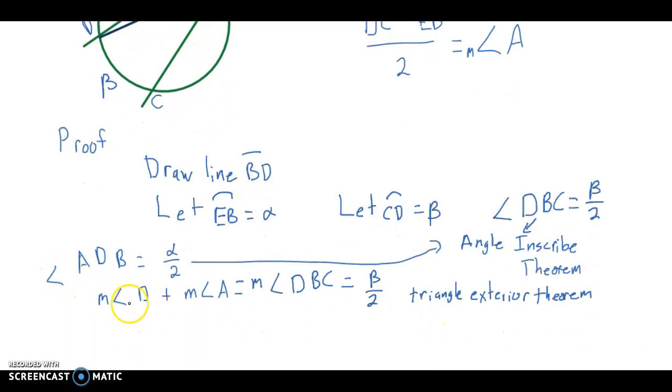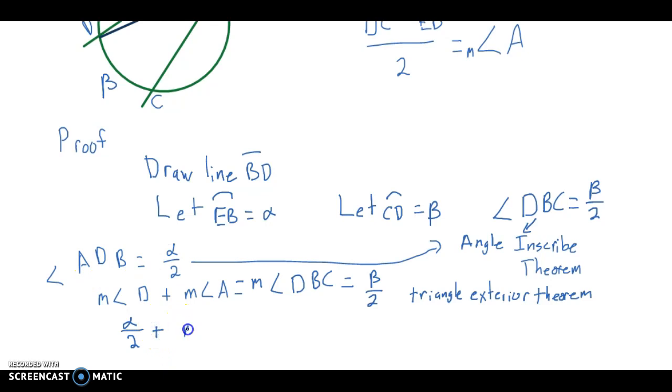So now that we have these different measurements, we can just do some rewriting and substituting. The measurement of angle D, we had defined earlier as alpha over 2. So angle D is alpha over 2.